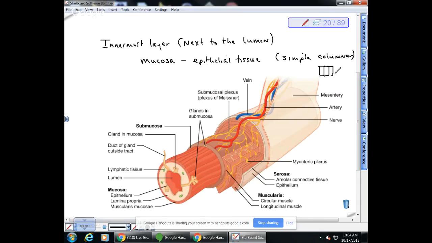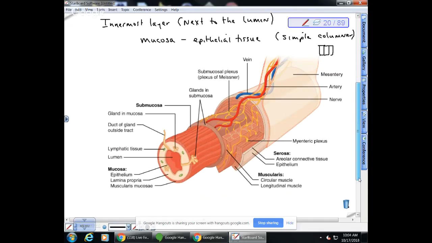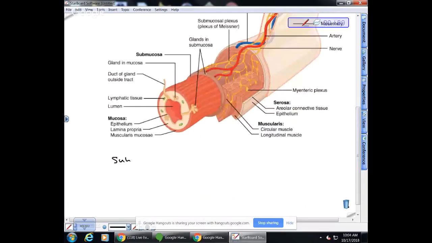Okay. The next part that you need to know is what is referred to as the submucosa. This is underneath the mucosa, and in the submucosa we actually have connective tissue.